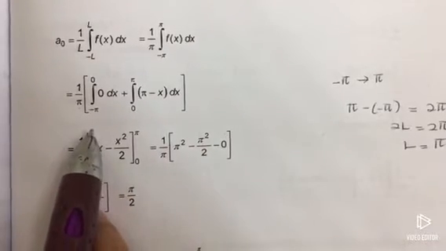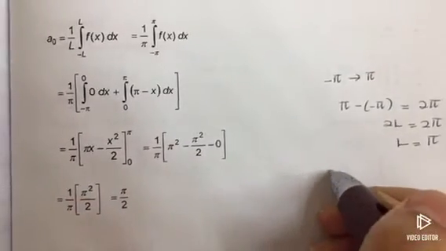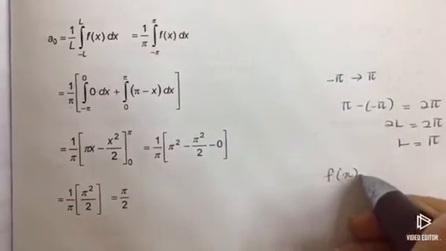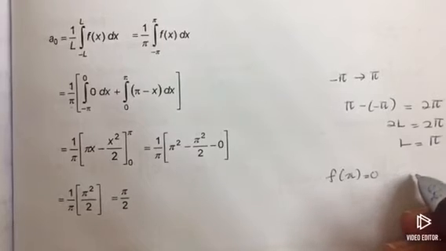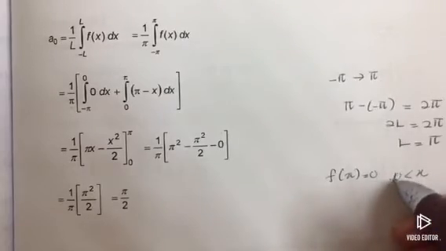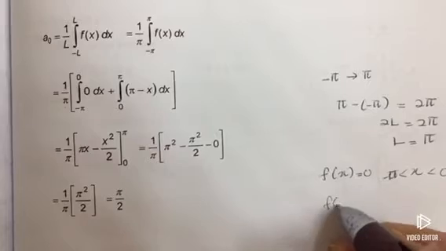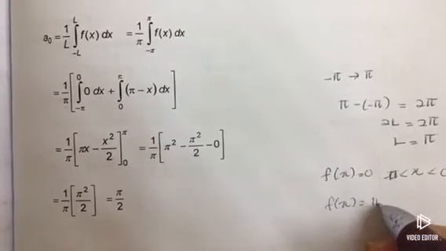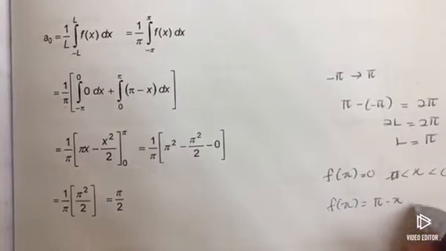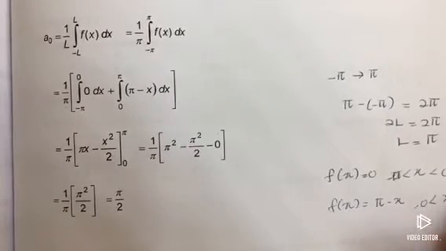In this piecewise function, we have two values of f(x). f(x) equals 0 for x between negative pi and 0, and the second value of f(x) is pi minus x for x between 0 and pi.